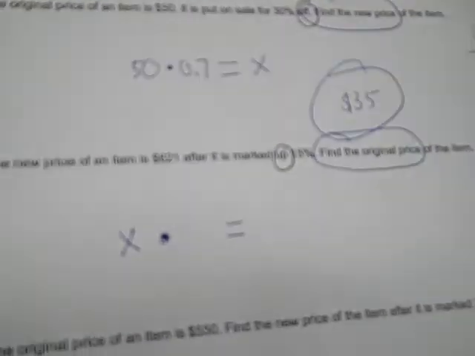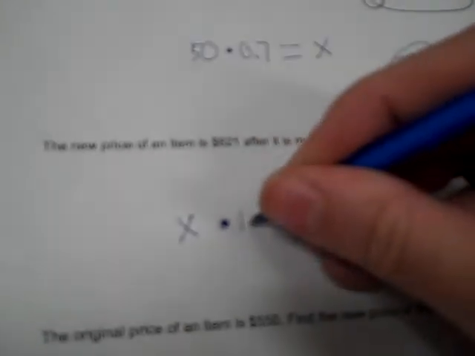And then again, your percent, you take 100% and plus 15% because it's up. 115 divided by 100 is 1.15. Okay, then we put the new price.